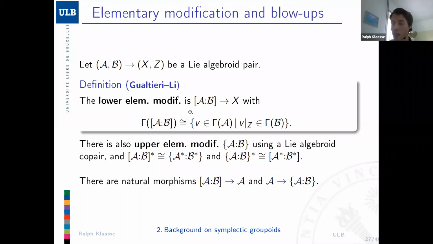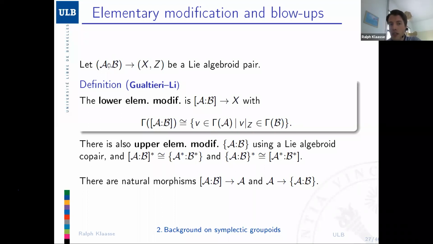So if you do this procedure, you modify A over B. And as I'm writing here below, there will be an induced Lie algebroid morphism from this modification to the original guy. There's also a sort of analog of this the other way around, but I think it would be a little bit too annoying for you to hear out what this is.